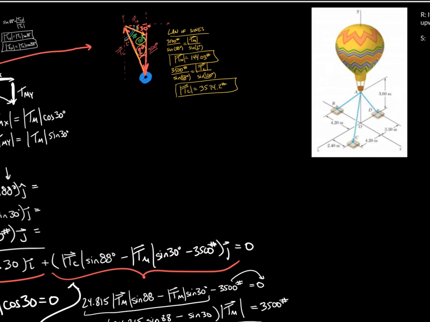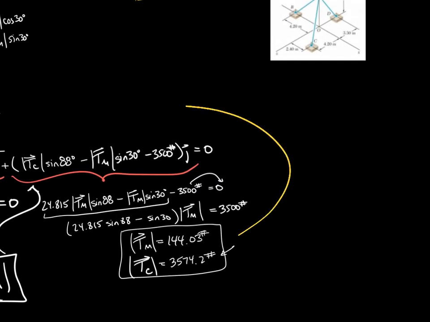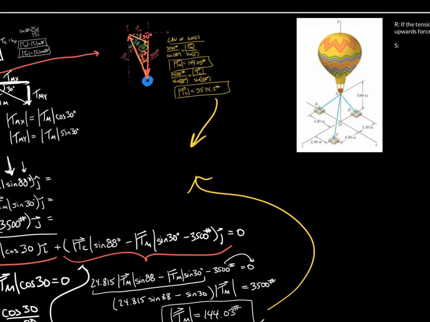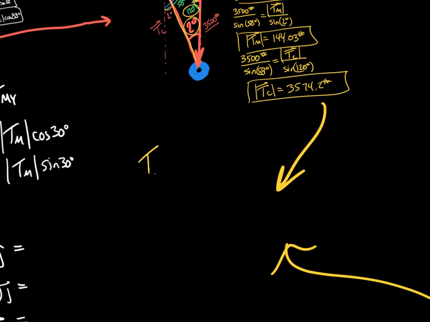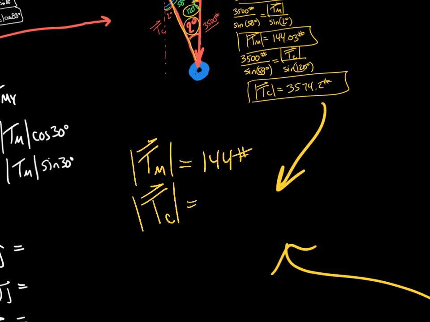I will note also in both of these cases, we're only going to report 3 significant digits. So we kept 5 all the way through, but the way we want to do this, we want to say the tension in the rope held by the little man is 144 pounds, and the tension in the cable equals 3,570 pounds.